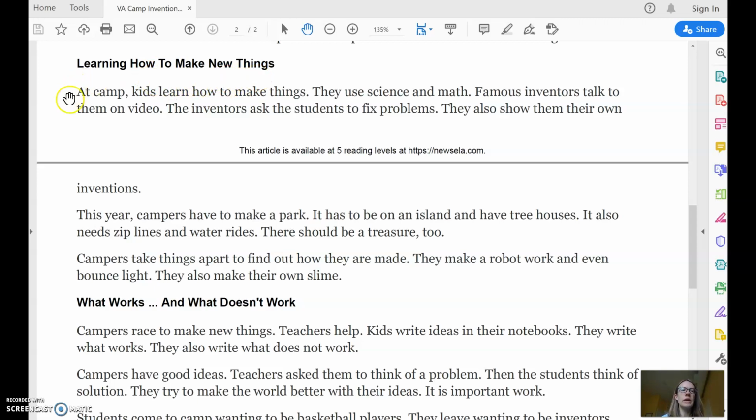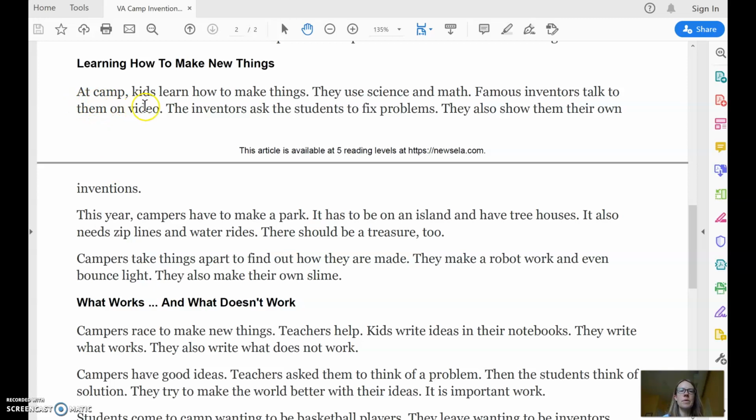Please read this section. Actually, just read the first paragraph. Read from here at camp to here. Read it to yourself. Let's read it together.